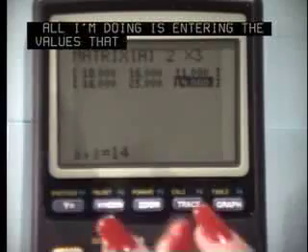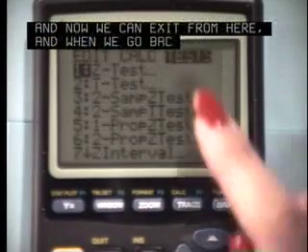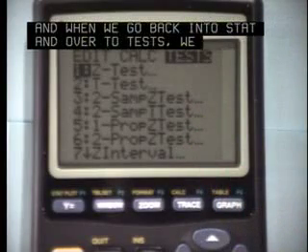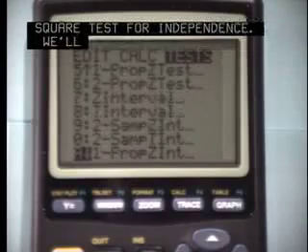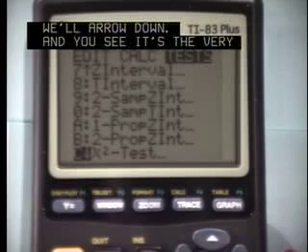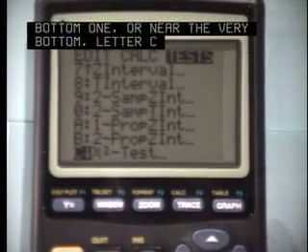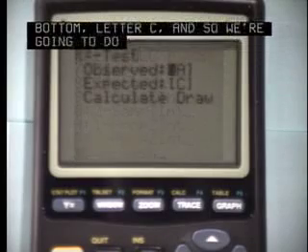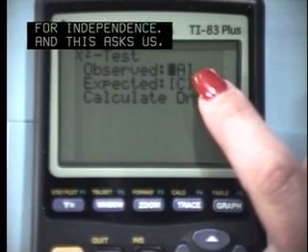Now we can exit from here, and when we go back into stat and over to tests, we have a chi-square test for independence. We'll arrow down, and you see it's near the very bottom, letter C. So we're going to do this chi-square test for independence. It asks us, where is our observed?